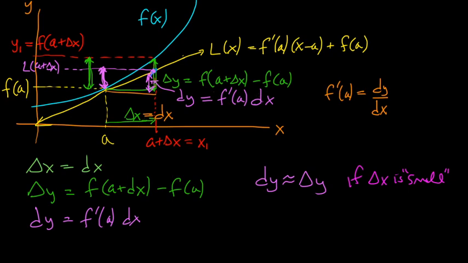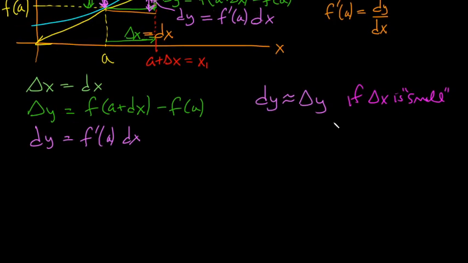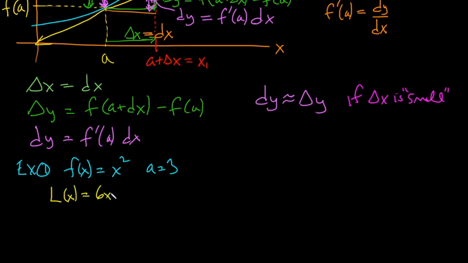And just as a quick illustration, let's go back to our first example where the function was f of x equals x squared, and we set a equal to 3, and we found that the linear approximation, which I'll write in yellow again, was 6x minus 9. So this is approximately x squared when we're near x equals 3.